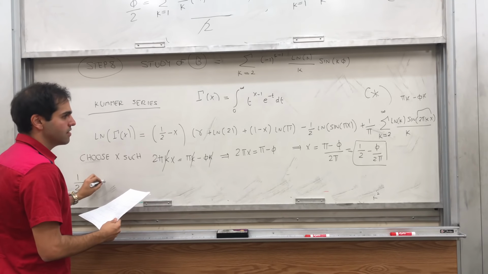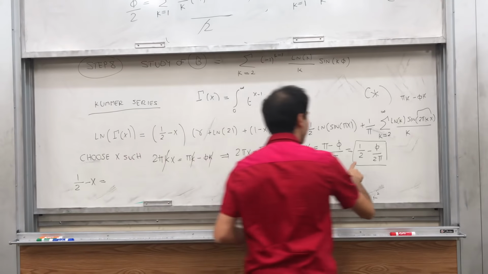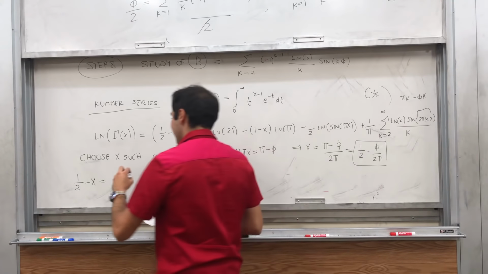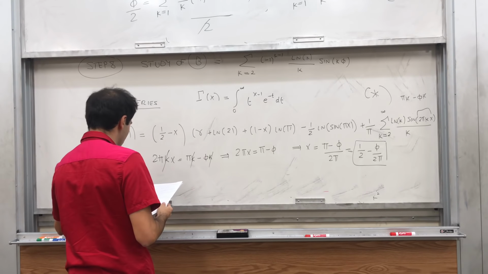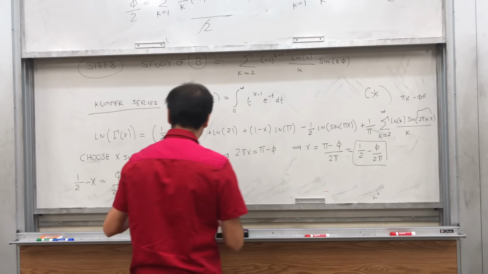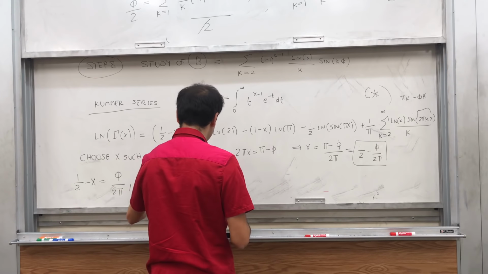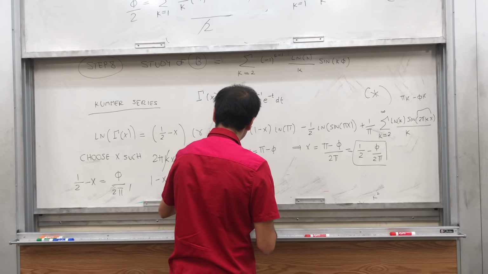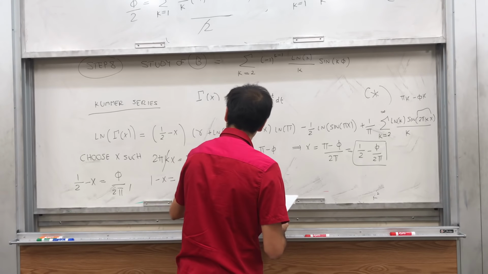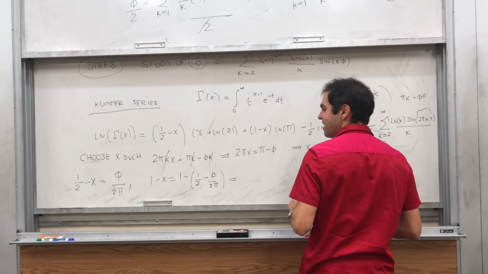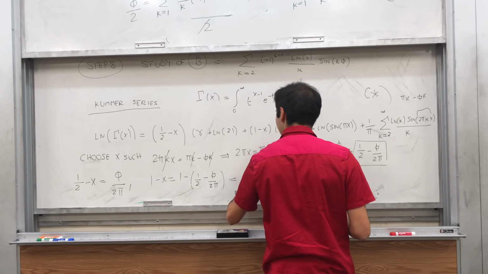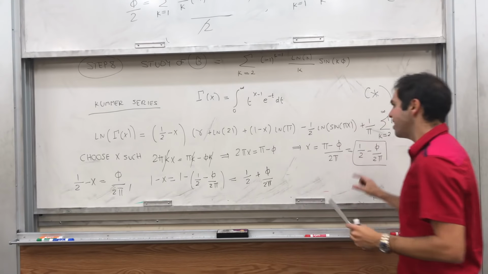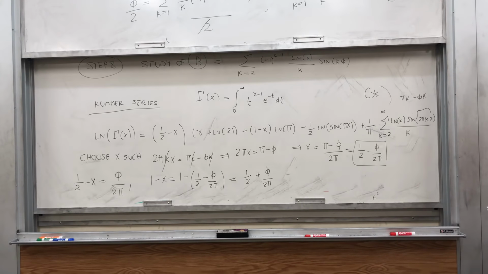Well, that's 1/2 minus 1/2 plus phi over 2 pi, so it just simplifies to phi over 2 pi. And then 1 minus x, that's 1 minus 1/2 minus phi over 2 pi, which is very cute. It's 1/2 plus phi over 2 pi. It's kind of neat. It's like reflection about 1/2.